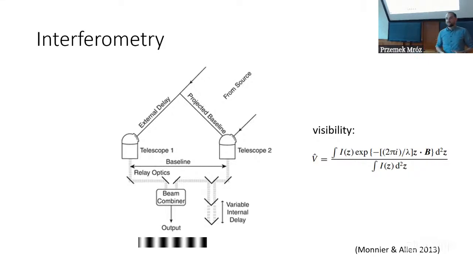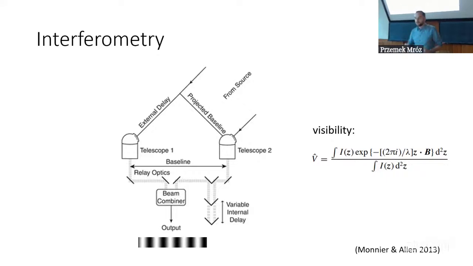Instead of thinking of slits and all that physics, we can use telescopes to observe the same object in the sky. And then we can combine the light from the two telescopes to obtain the same fringe pattern.